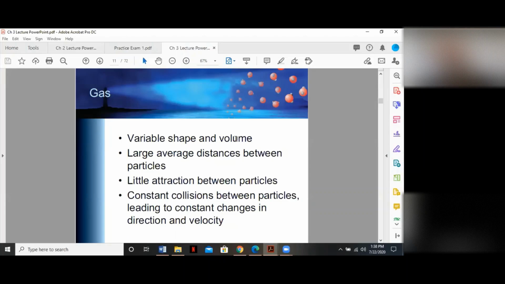The motion is more free compared to the solid phase, and that will give them fixed volume, variable shape. Moving into the gaseous phase, the distance between the particles is always huge due to the weak attraction between the particles, and that's why the shape and volume are always variable for any gaseous matter.